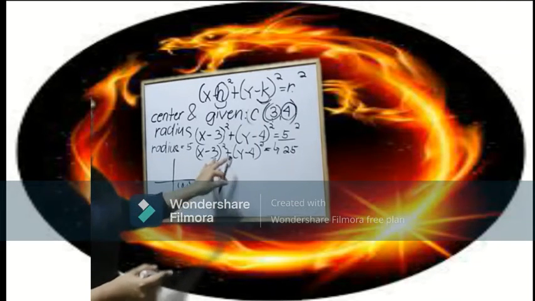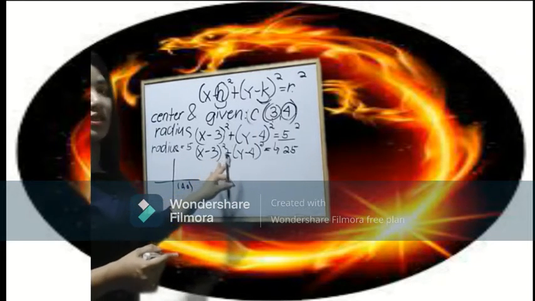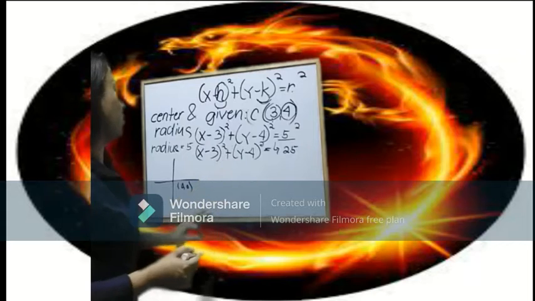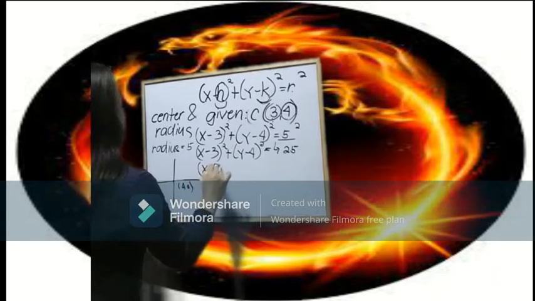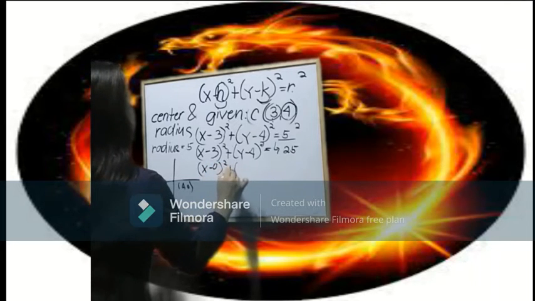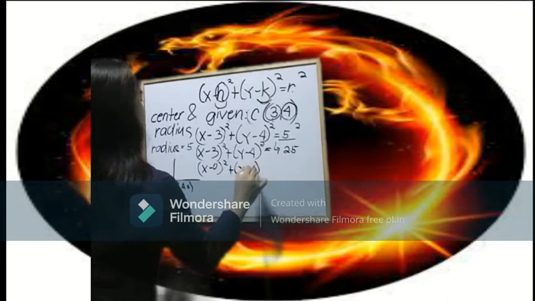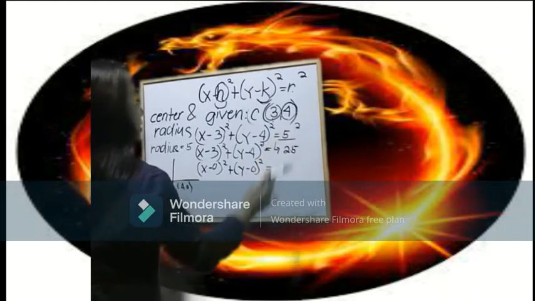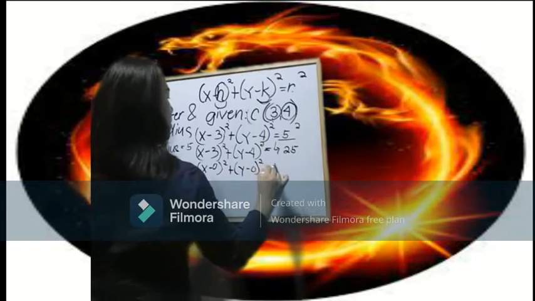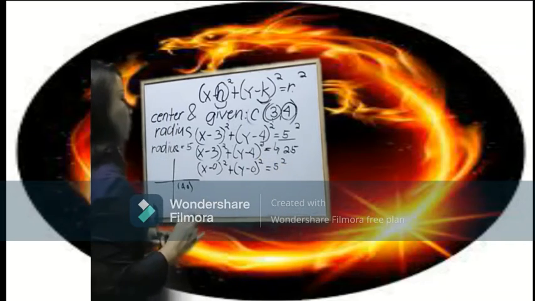So if you have the center at the origin, or (0, 0), you would have (x - 0)^2 + (y - 0)^2 = 5^2, applying the same radius, 5.